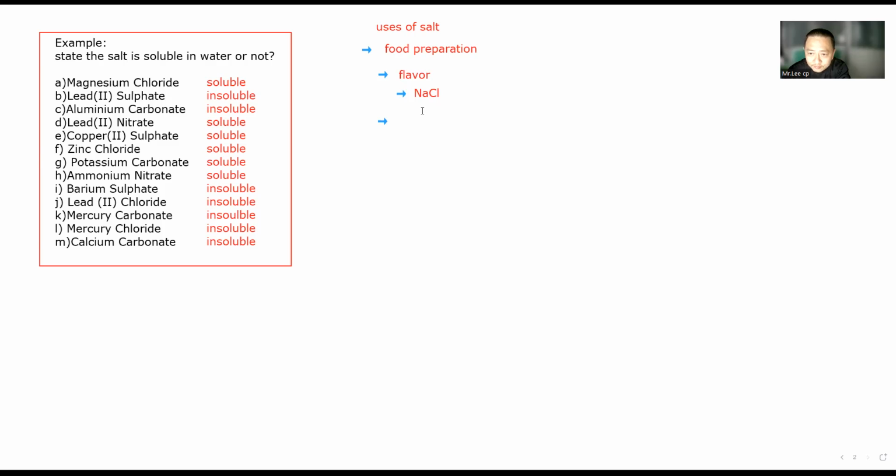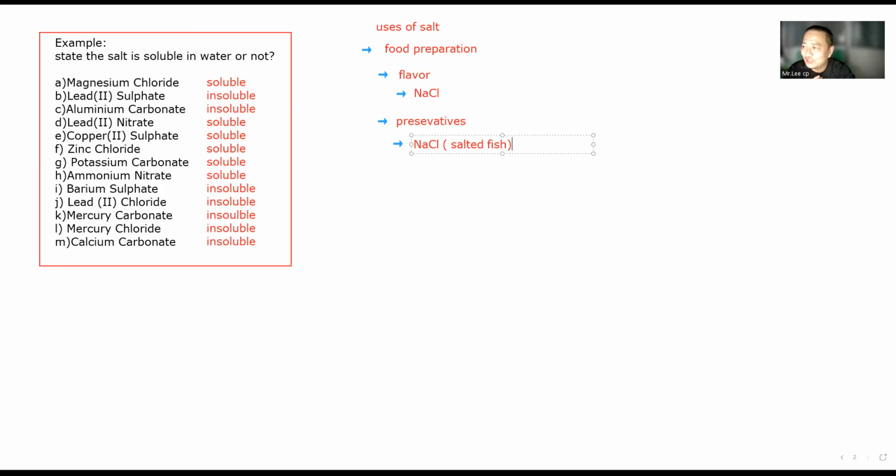So not only this, not only flavoring, we can preserve food. Preserve the food means it can last for longer, right? For example, use NaCl. The most frequently seen is salted fish.